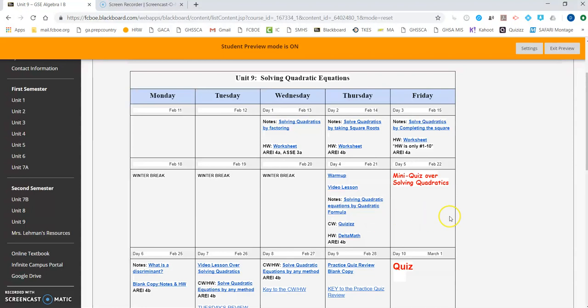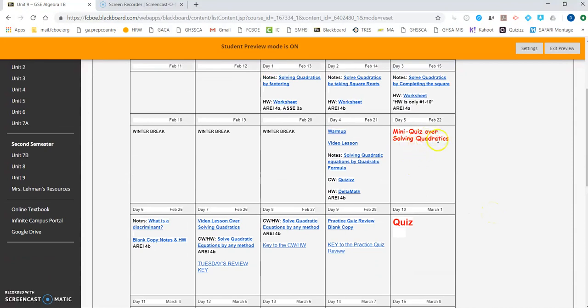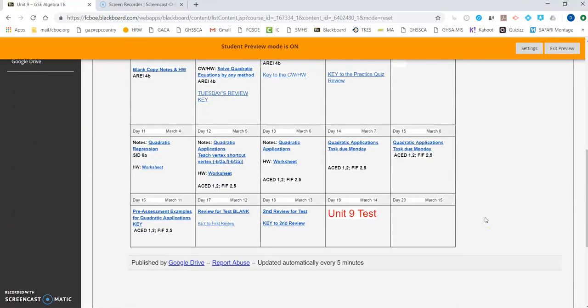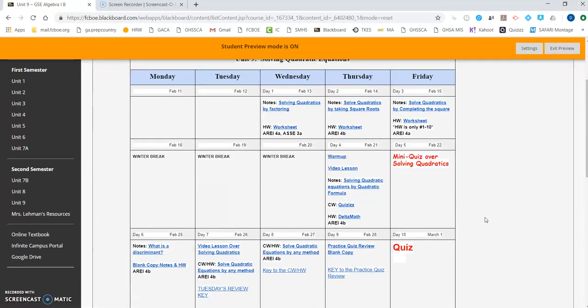But the big thing is, and you can see in my calendar, how my students are going to be assessed is through a mini quiz, a regular quiz, and eventually down by Unit 9 test. So that's the plan of assessment.